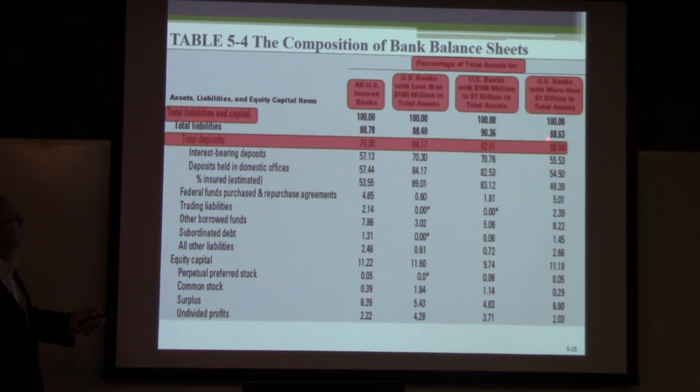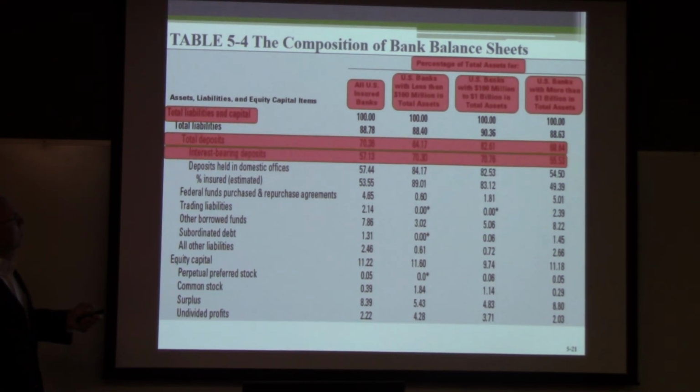Okay? Interest-bearing deposits range from 70% to 55%. Okay? So you can see that the large banks fund in ways that are different than small banks do.